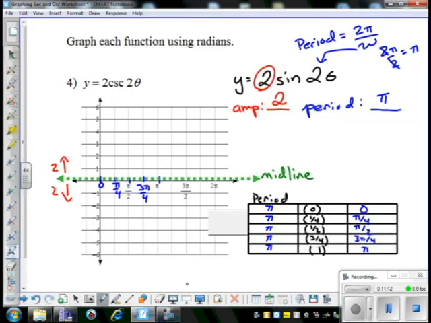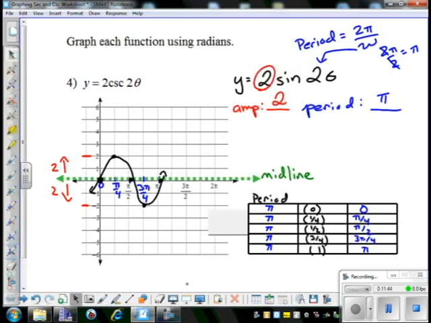Remember the parent function of the sine: it starts at the midline, then goes to our top amplitude, which is 2, and our bottom amplitude, which is -2. So we start at the midline, go up to our top amplitude, then back down to our midline, then down to our bottom amplitude, up to our midline. And it's going to be a wave, so we need to curve through each point.